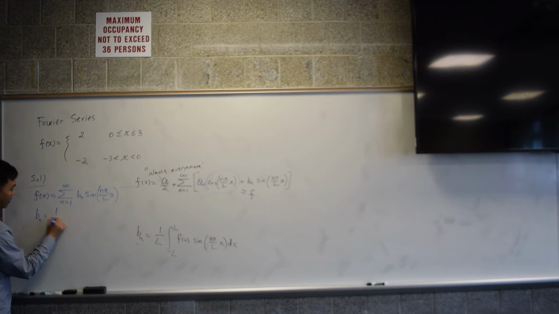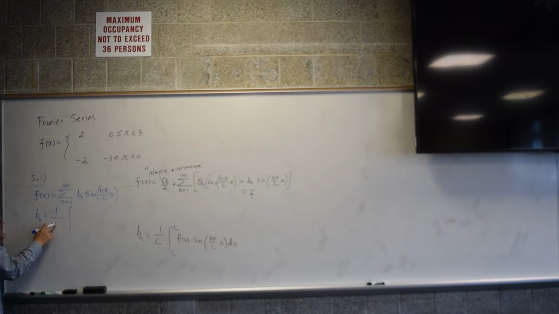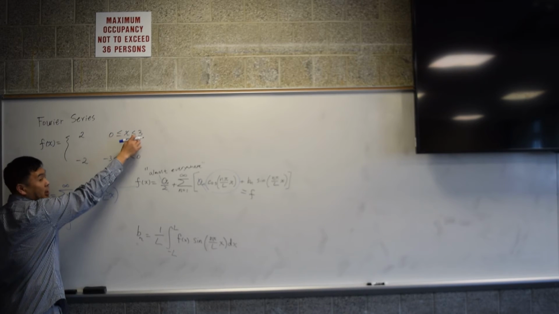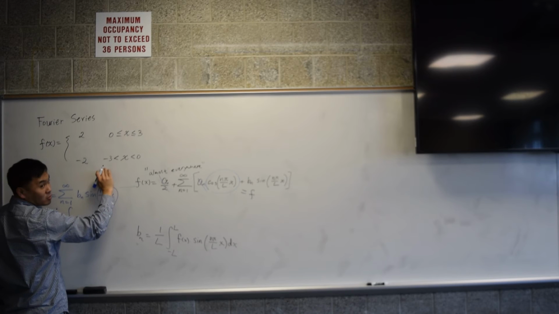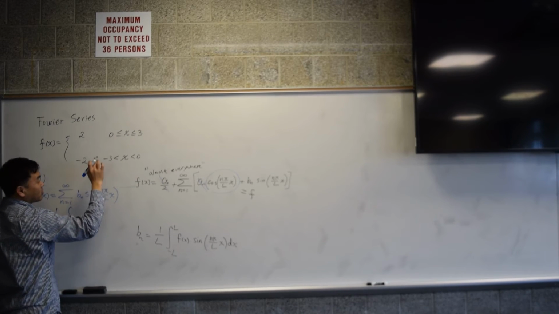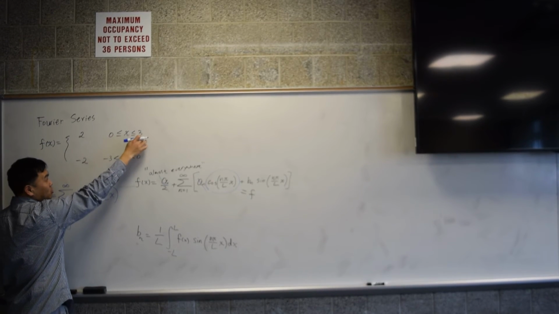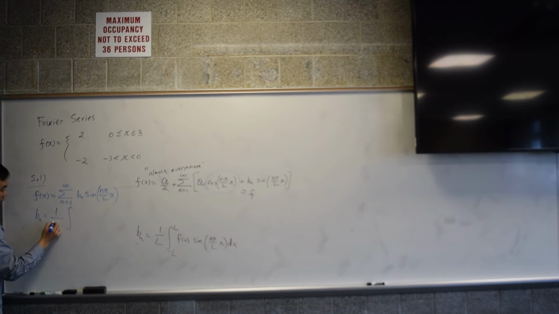It's 1 over L. But what's our L for this case? We drew the graph. It's from 0 to L, right? So when you have a function defined in some interval, always it's from negative L to L. So you can read from this definition that it's L and negative L. So L value should be 3.